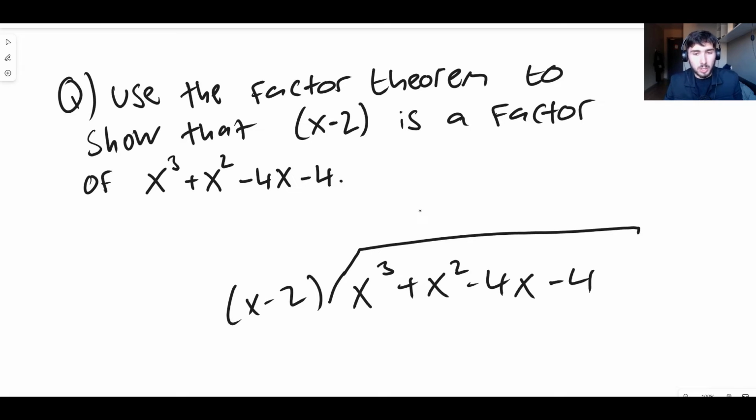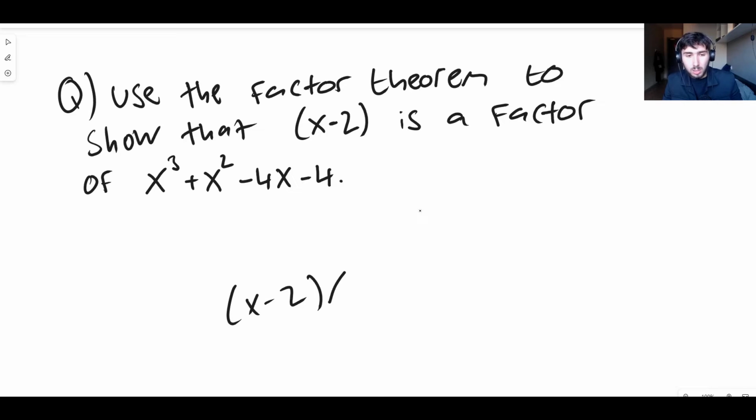That's definitely true, but the factor theorem is way faster. It states that the only thing you need to do to prove that x minus 2 is a factor of this cubic, x cubed plus x squared minus 4x minus 4, is simply substitute in.